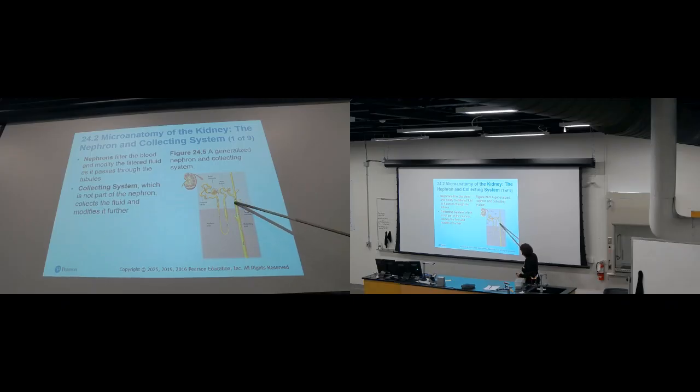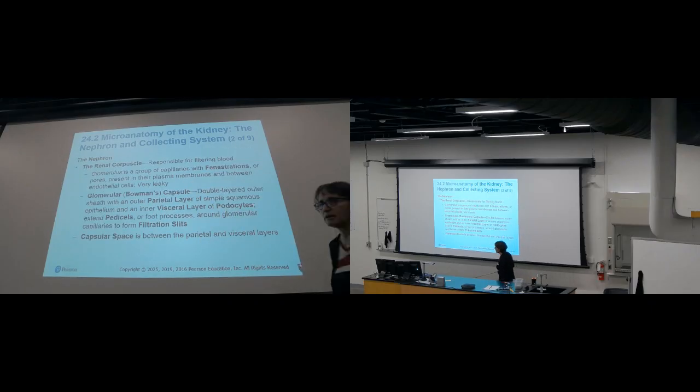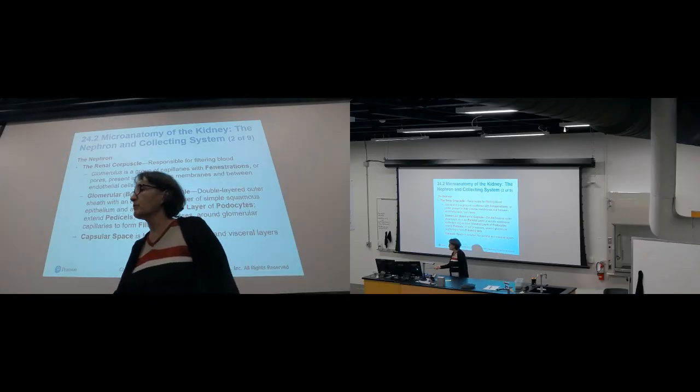And then transfer all the wastes and water and things that you don't need into this collecting duct. So the collecting duct is not part of the nephron. It collects fluid and modifies it if it's needed. Not all the time it's needed, but sometimes you might need to modify it.